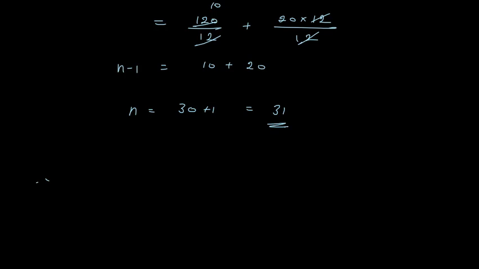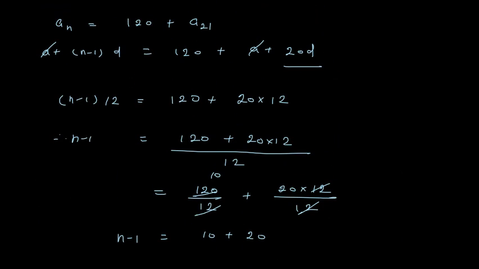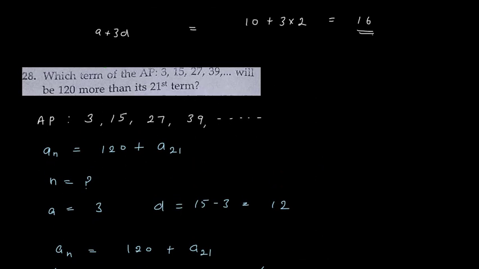So therefore the required term is the 31st term. We are not interested in what the value of an will be. They just ask which term. So the 31st term is the required term.